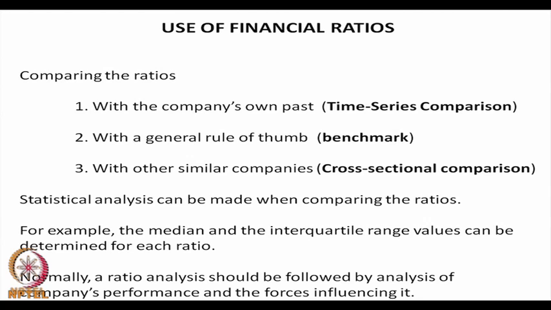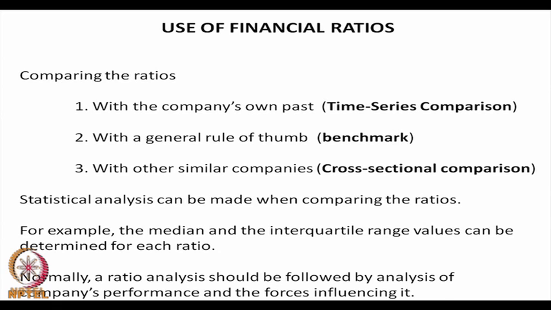One comparison is the company finds out the ratios and plots the ratios for various years with the company's own past. It is called a time series comparison, or with a general rule of thumb.